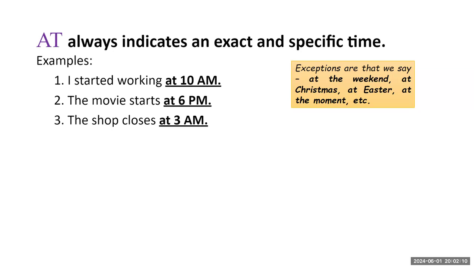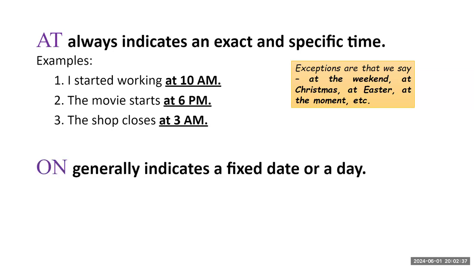If you are the speaker and you'd like to emphasize that there will be a party at the weekend, perhaps you are referring to the weekend nearest to when you said that particular sentence. So at the weekend, at Christmas, at Easter, at the moment.